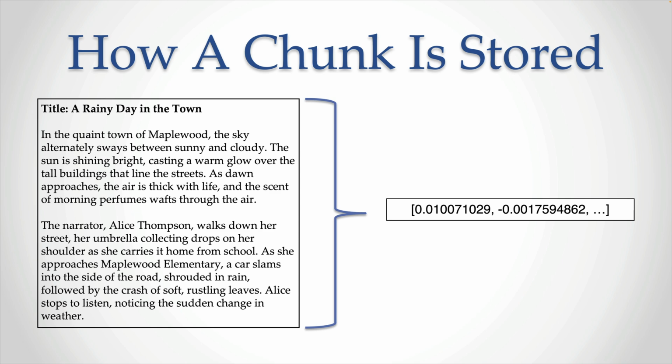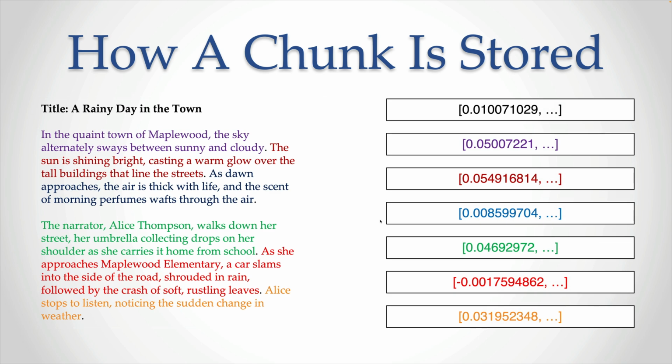I can also choose to say I want to embed by sentences. And so maybe the title is one sentence and then here are the other sentences. Each one of them will get their own embedding vector. And again, it's still going to be 100 floating point values per vector.